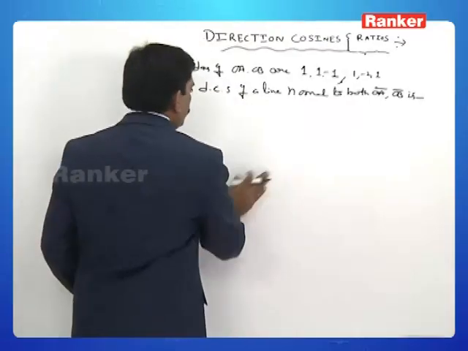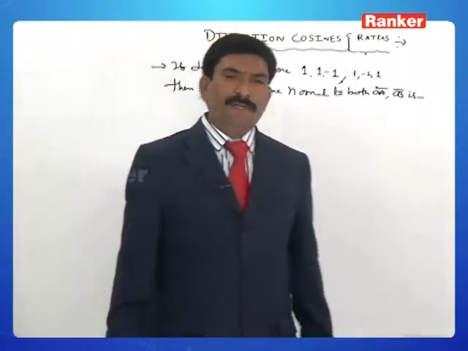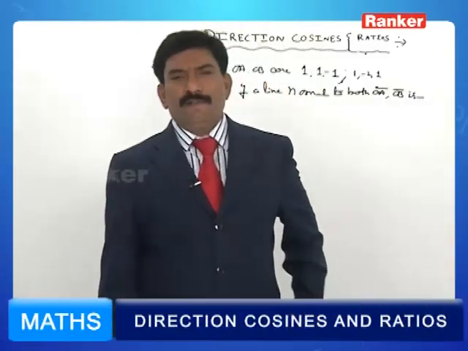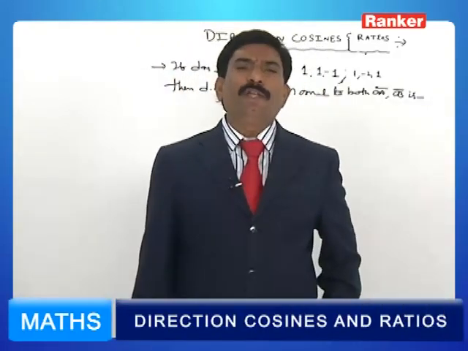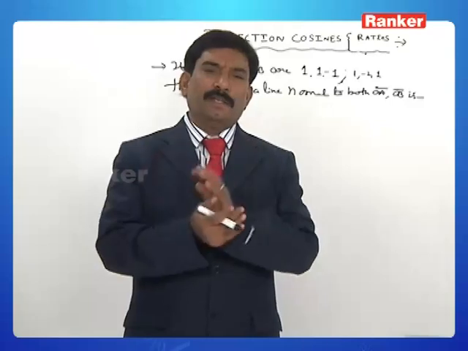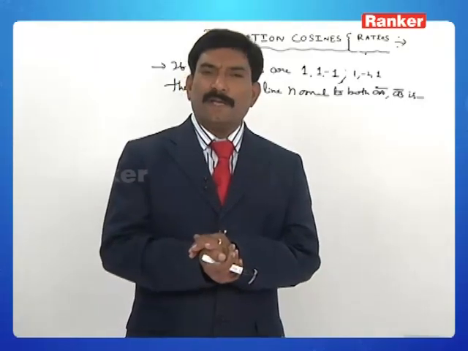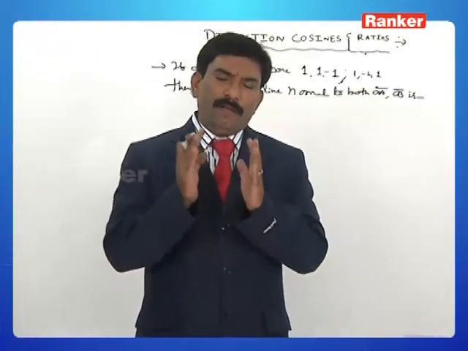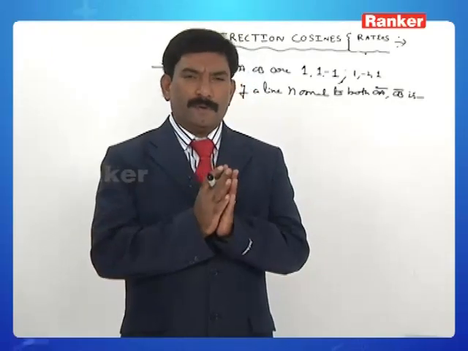Now let us start. Look here, once again, the concept of how to find the DCs of a line which is perpendicular to two lines, compared with the previous problem.